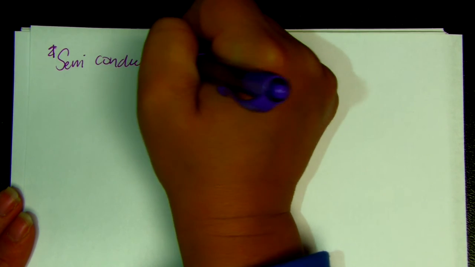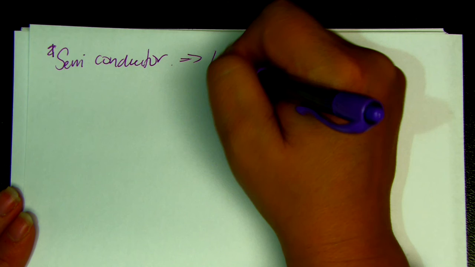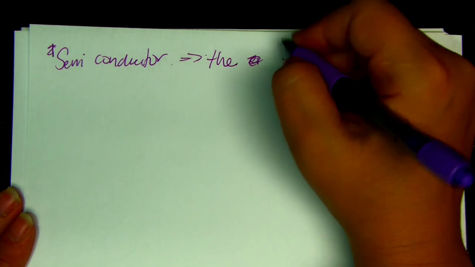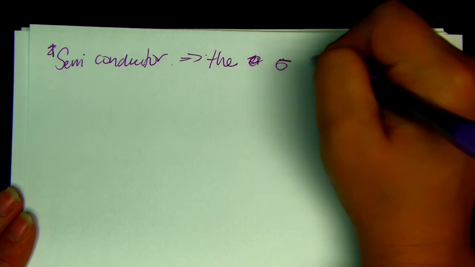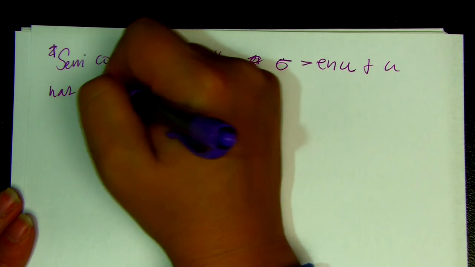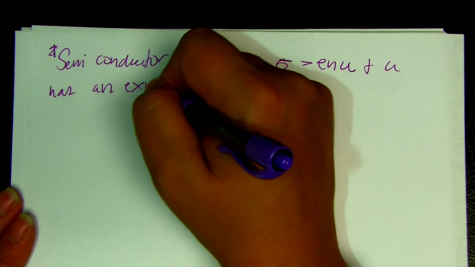So, and then we have semiconductors. These borrow on that principle that we just saw, where you have a material that requires a field, but they do something even more interesting. So with a semiconductor, the conductivity is equal to ENU, and U has an exponential dependence on voltage.